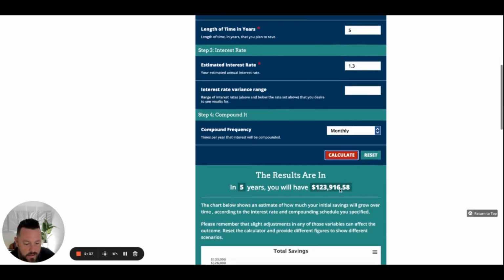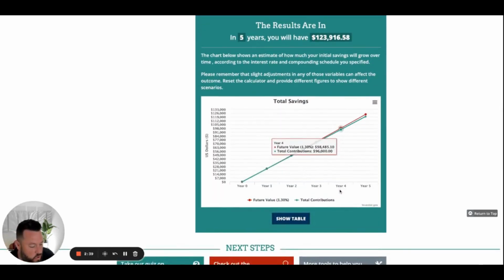You would have had $123,916, so 124,000, let's call it. All right, so that's an increase of $9,000 in that scenario. So over 5 years, you get $9,000 extra for having a 4% interest compared to 1.3.